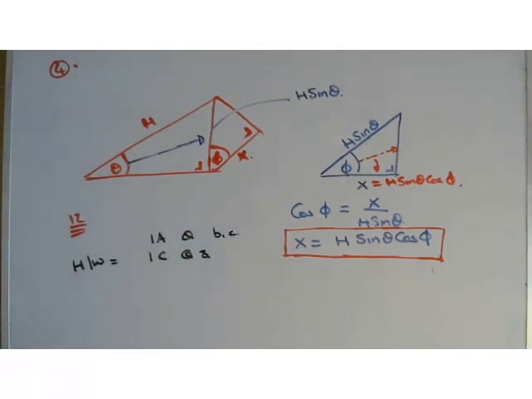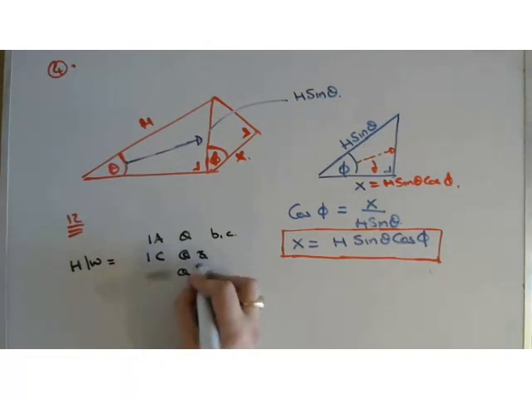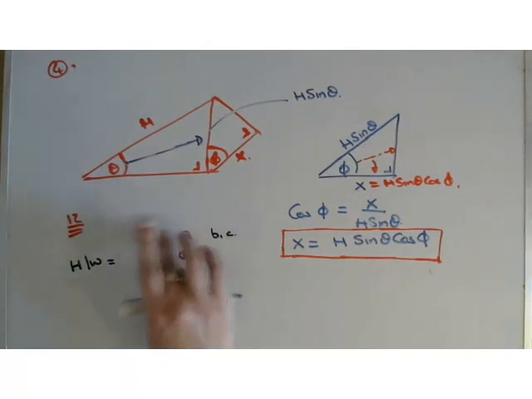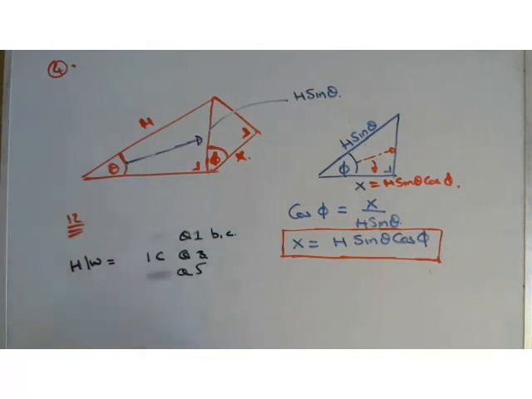And I want you to do question 5 also. No, sorry, I'm a bit of an idiot. Not 1A. 1C question 1, sorry. So 1C question 1 part B and C, question 3 and question 5. And if you do them, I'll be a happy puppy.